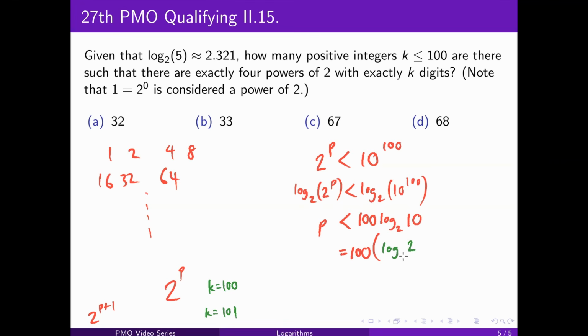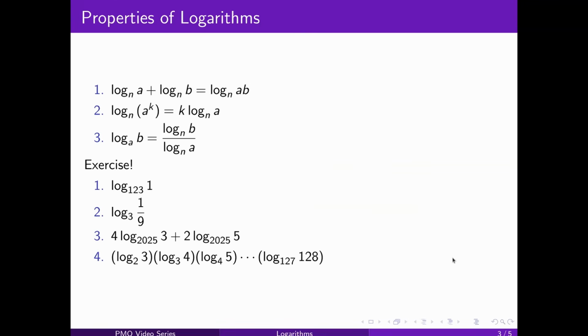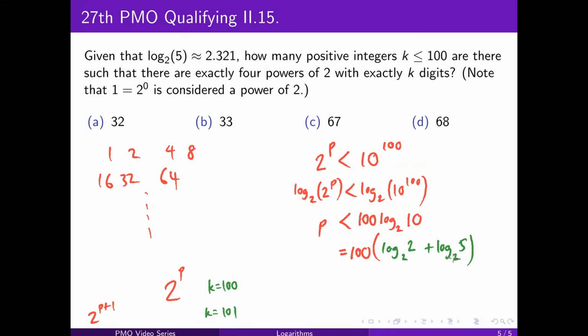And now you can evaluate log 10 base 2 as log 2 base 2 plus log 5 base 2. Remember, if we go back, this is property 1. You can split the logarithm based on the factors of the argument. So you have this, and log 2 base 2 is 1. We'll approximate, because now we can use the value given to us earlier.